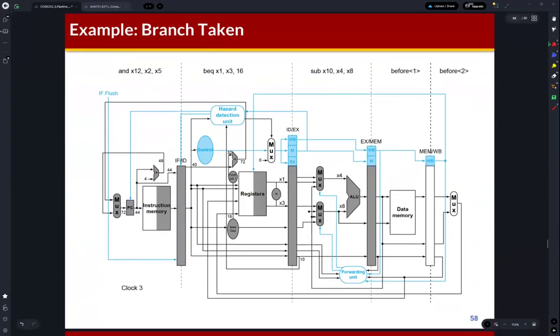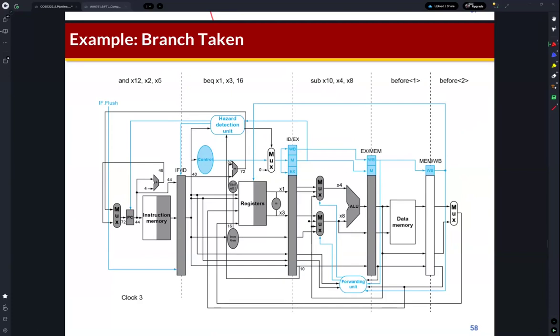So the solution is that we can check the result of a branch instruction, because we can just check the equality. So we can add a new comparison unit just after the register file. That can be the solution, okay?